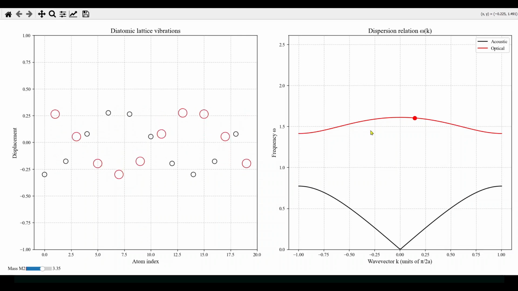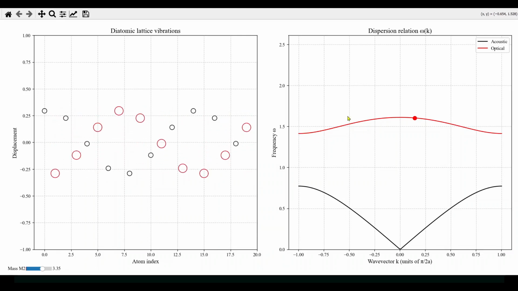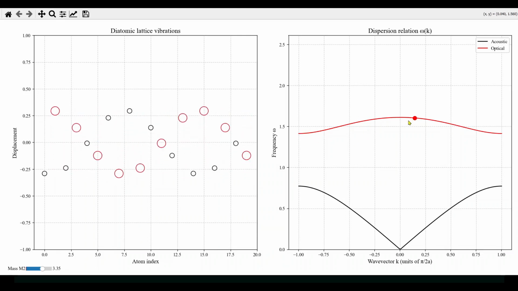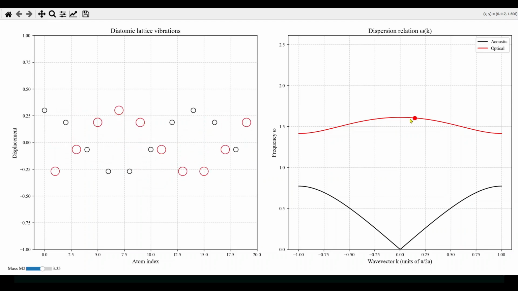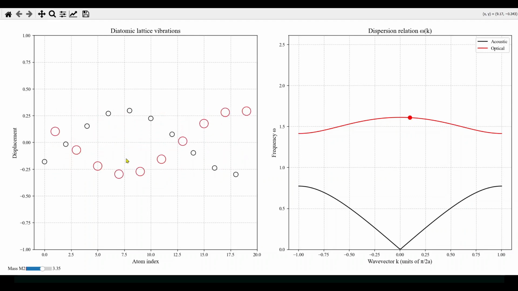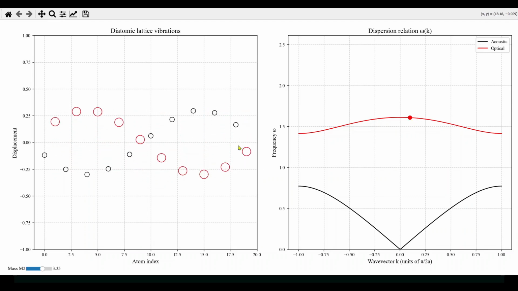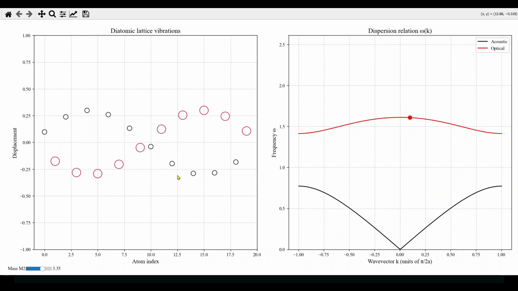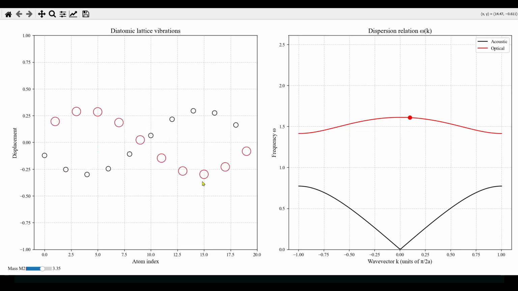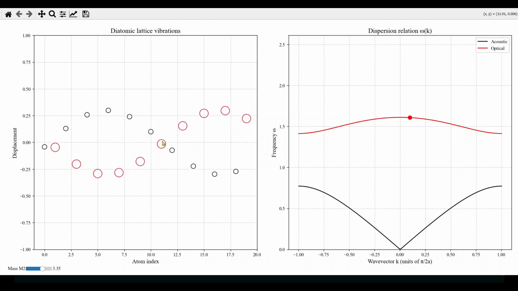Here in the simulation you can see the optical branch, the upper one, as Ka tends to 0. Here, if you see, this forms a wave. Now let's try to analyze this particular wave, so I'm stopping it.